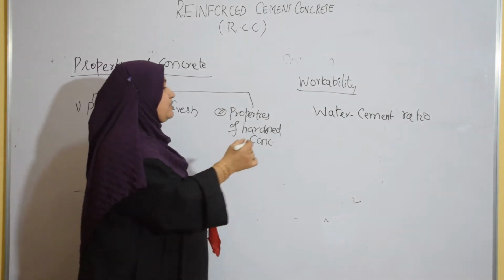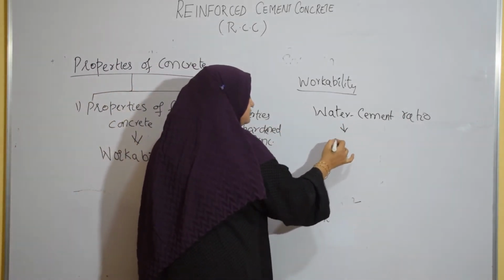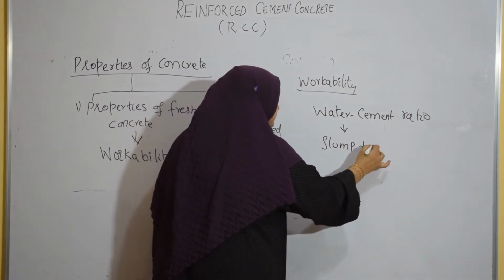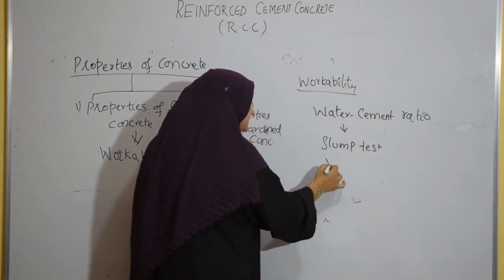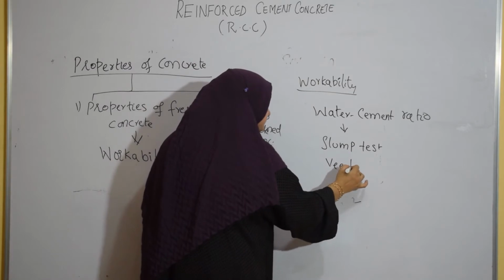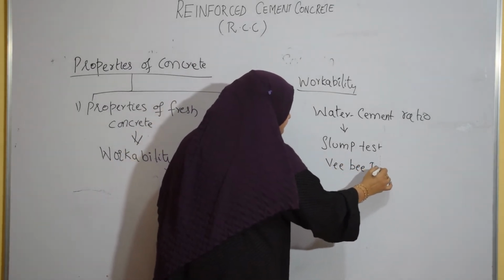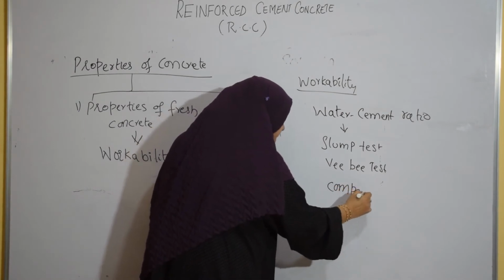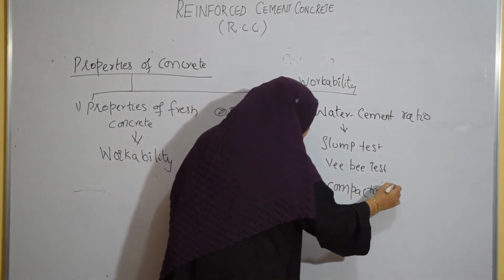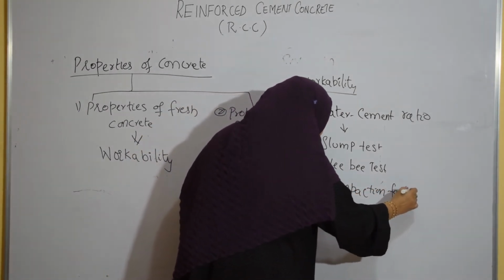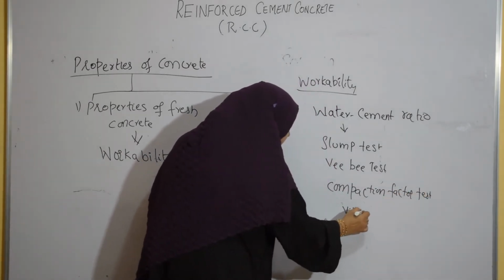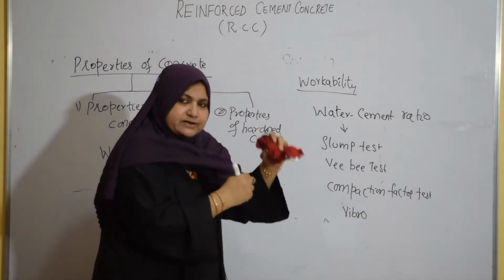So how can we determine it? By using the slump test. There are four tests. First is the slump test. Second is the VB test. Third is the compaction factor test. And the fourth one is the vibro workability test.